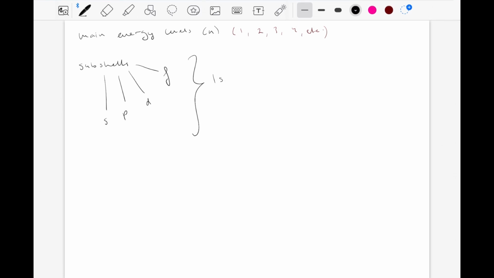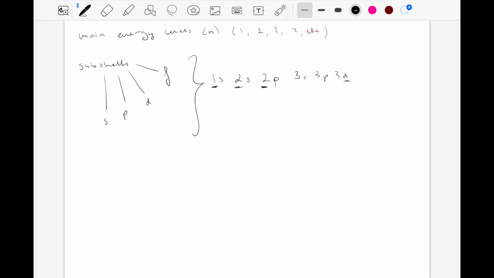The first energy level has only the first subshell, S. The second has 2S, and it also has the P subshell. Now the third, and by the way, I'm writing this to indicate that we have the first main energy level, the second, or whatever. The third has the S, has the P, has the D, does not have the F, we're just adding the D here.